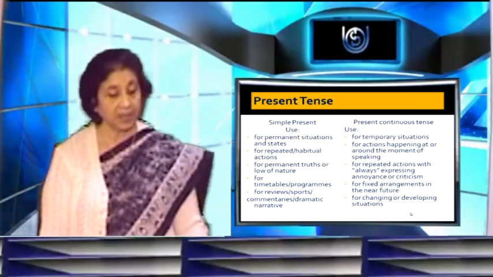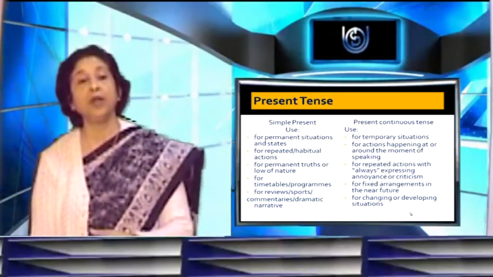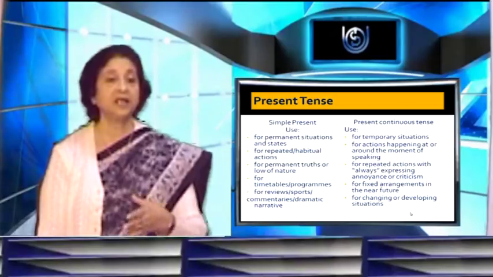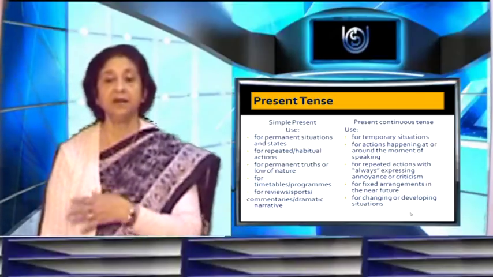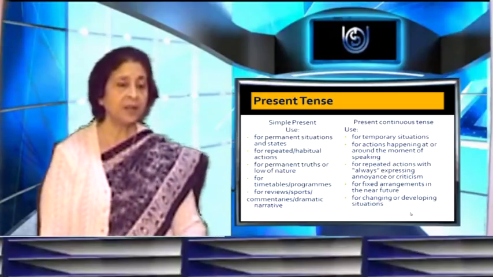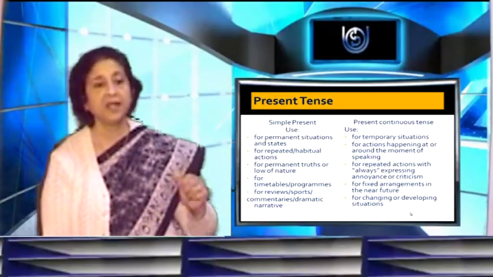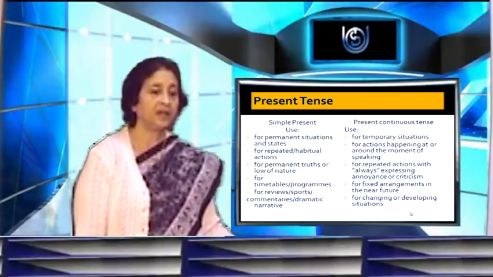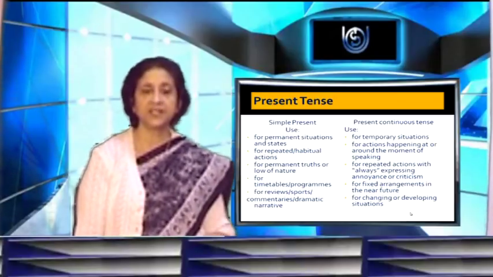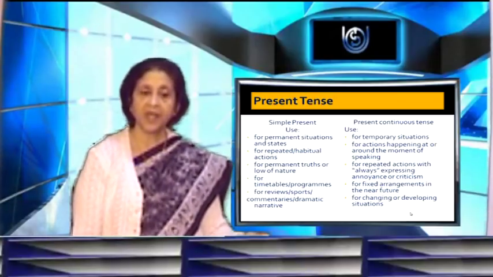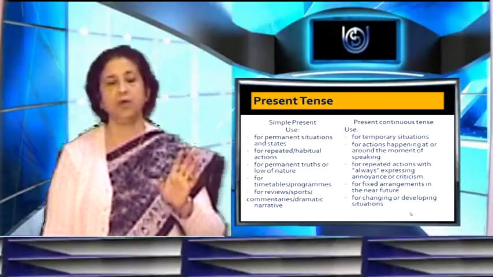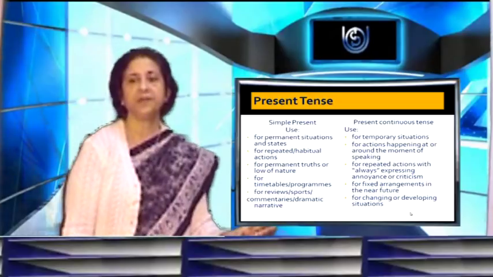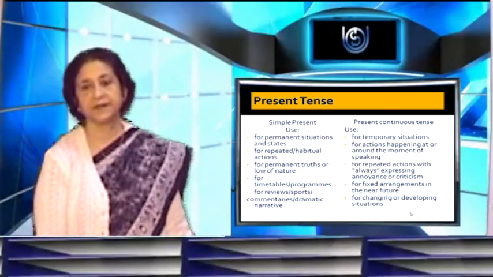The work is going on continuously at present. It's raining. It is raining: first form of verb plus ing, plus is, am, or are. That is your present continuous tense. With singular, am and is. With plural, it is always are. First form of verb plus ing. Now simple present tense.